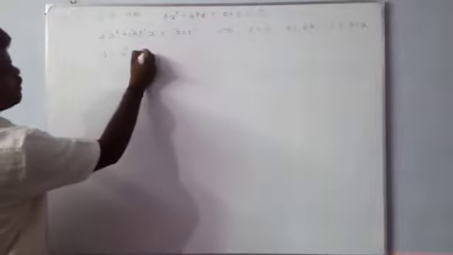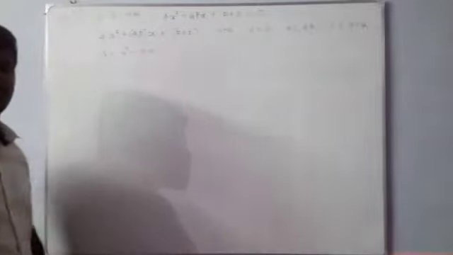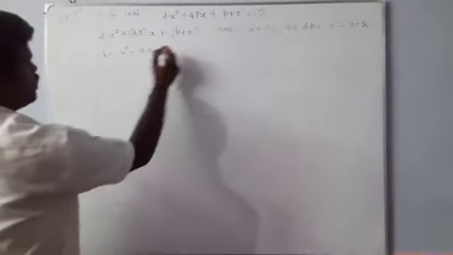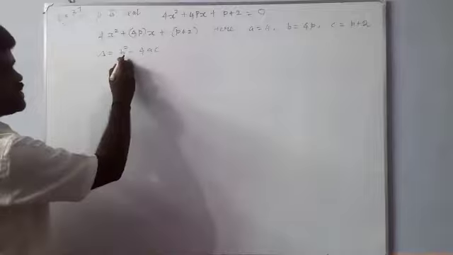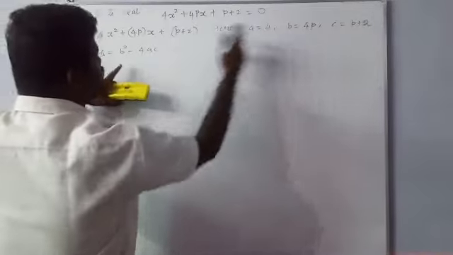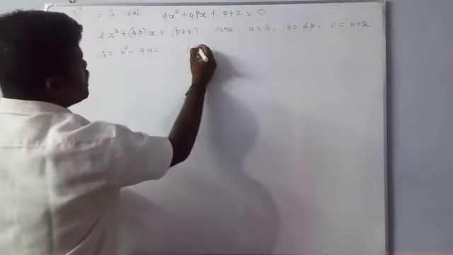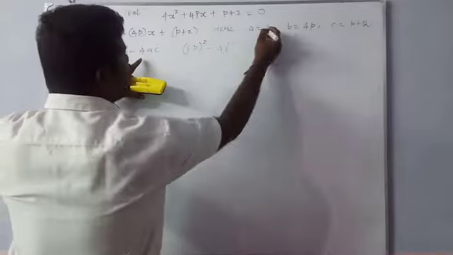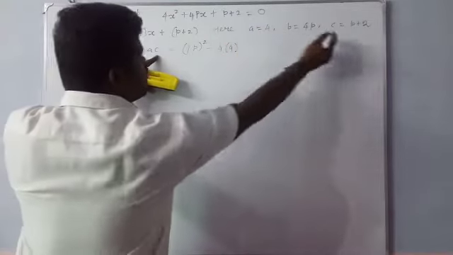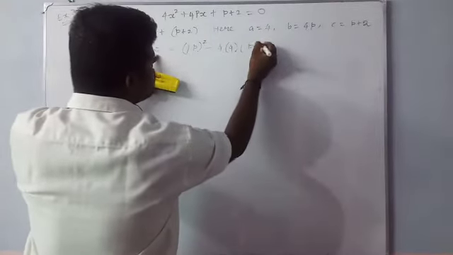Delta is equal to b square minus 4ac, the discriminant. So what is the value of b square minus 4ac? b square is what? 4p the whole square, minus 4 into a value, which is 4, and c value, which is p plus 2.